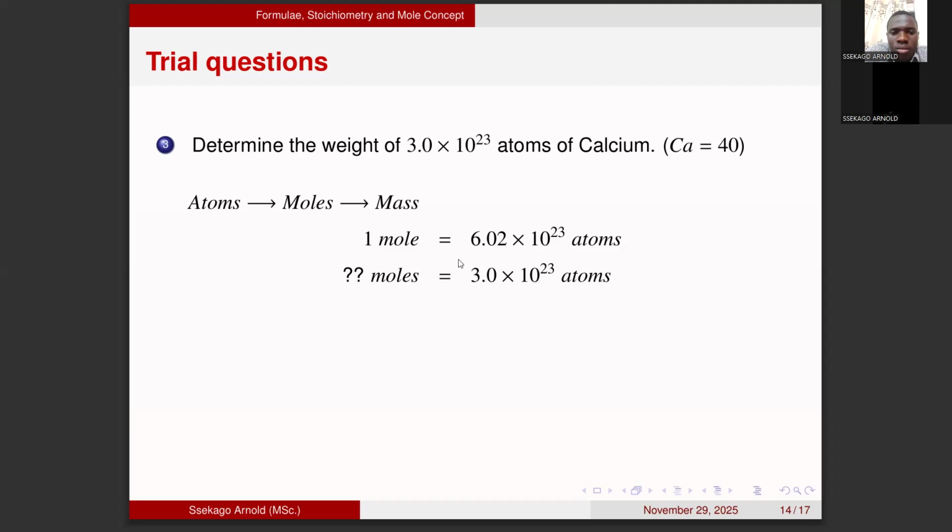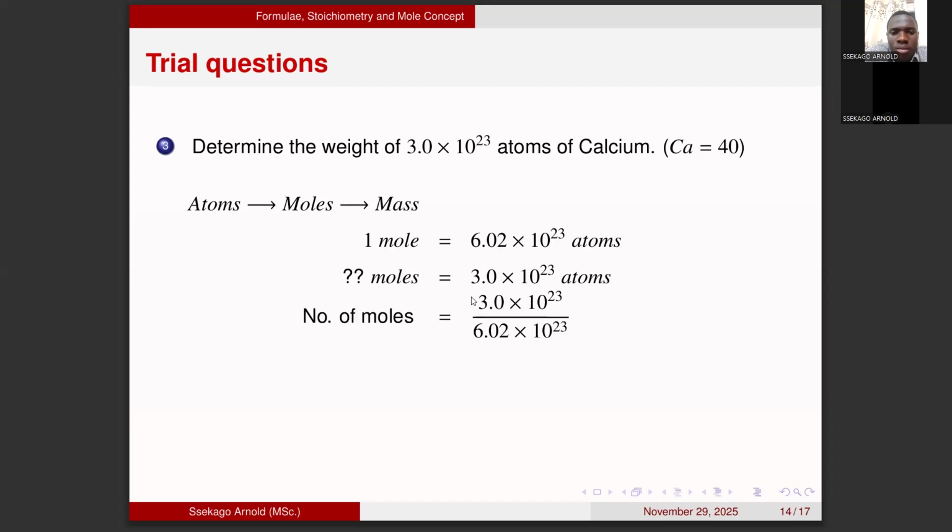Still here we shall cross multiply. So we have 1 times this figure here, and our unknown will be multiplying the Avogadro's constant. Therefore, in simple terms, the number of moles shall be equal to the given particles, which are, after cross multiplying, we shall have this times 1. So this will remain the same.